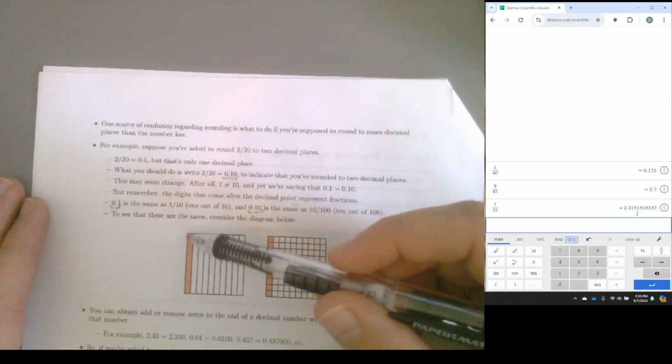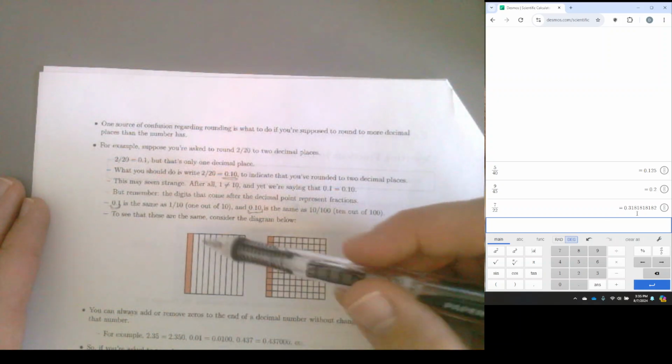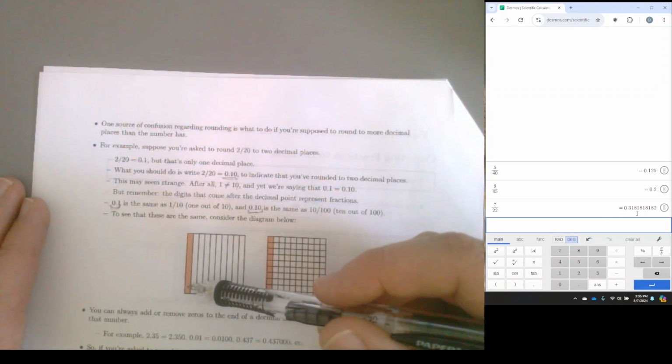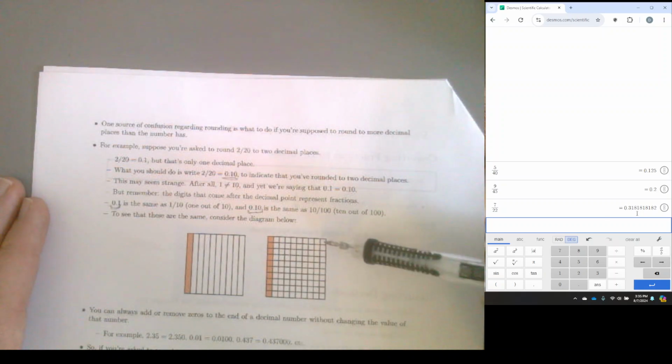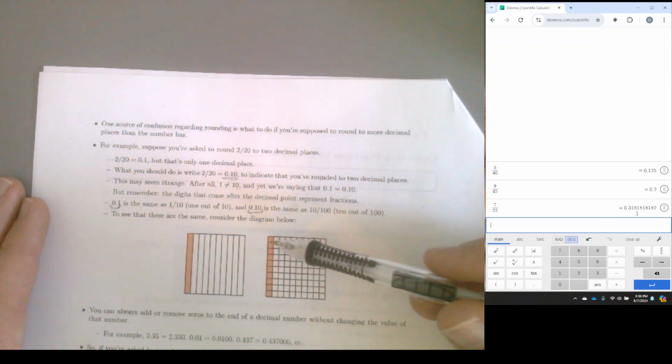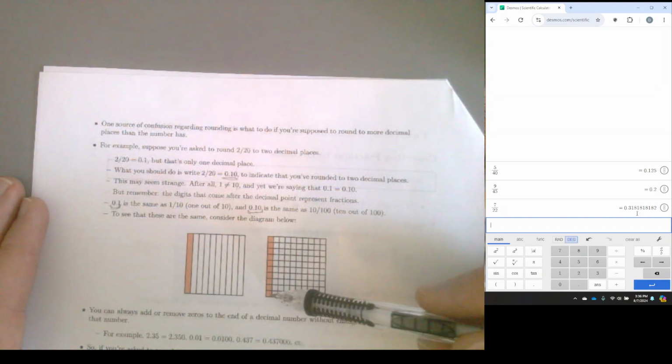And this number we could read as 0.10, but we could also read it as 10/100ths. And so to see that those 2 things are the same, here's 1/10, right? We've split this square into 10 parts and shaded in one of them. And here's 10/100ths. We've split this square into 100 parts and shaded in 10 of them. You can see that they represent the same area. So they are, in fact, the same.